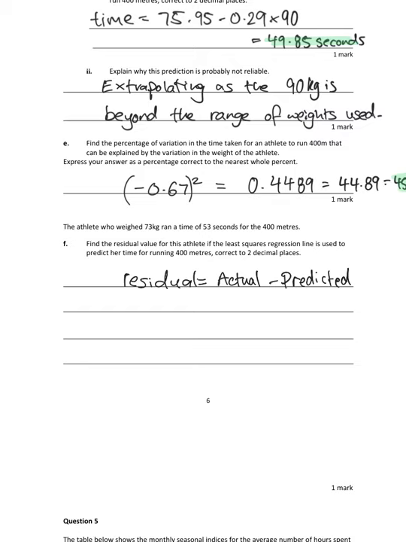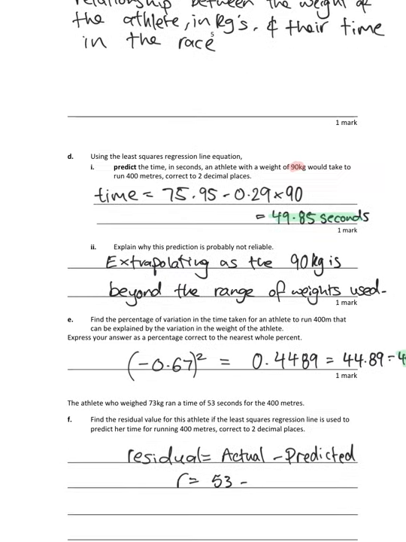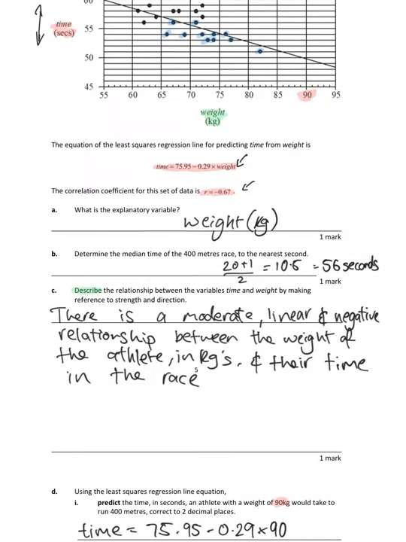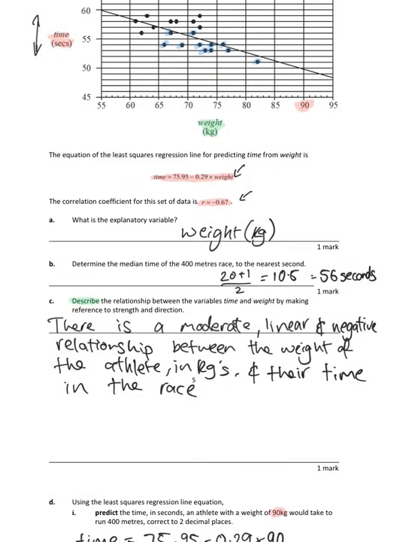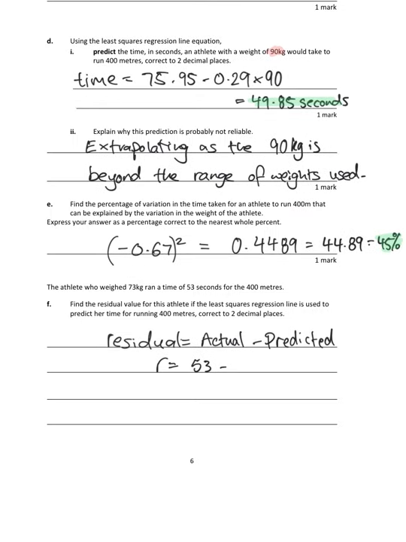We were given the actual time for the athlete, so that was 53 seconds. And we've got to find the predicted by using the equation above. So we're going to have to sub the 73 kilos for the weight back up in that equation to find what the predicted time is.